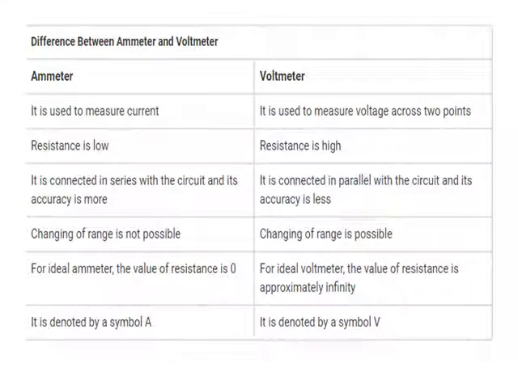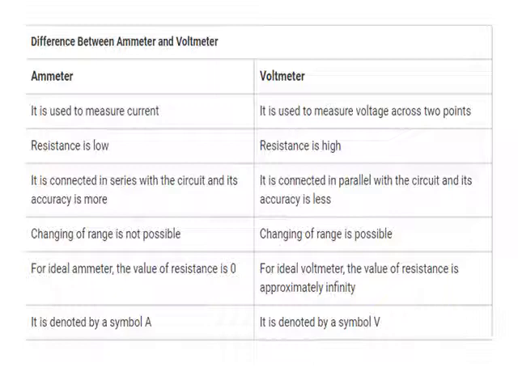Children, this is a very important slide which gives the difference between an ammeter and a voltmeter. First point, ammeter: it is used to measure current. Voltmeter: it is used to measure voltage across 2 points. The resistance of an ammeter is low and the resistance of a voltmeter is high.